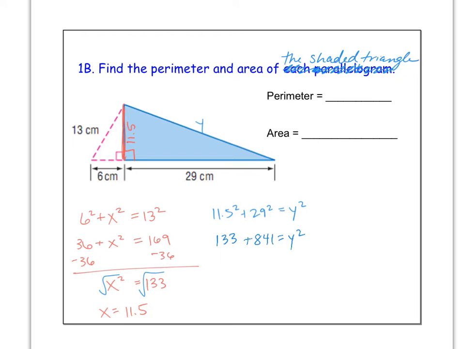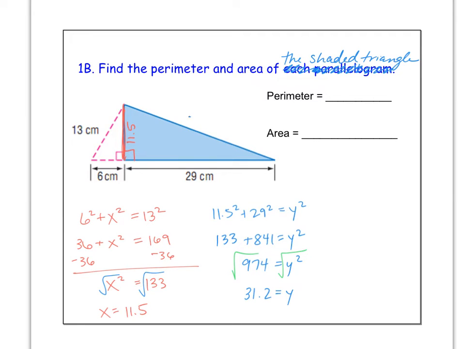Add those together, and we get 974. And then you have to take the square root. And the square root of 974 is about 31.2. Again, I'm going to put that on my picture so that I have it.